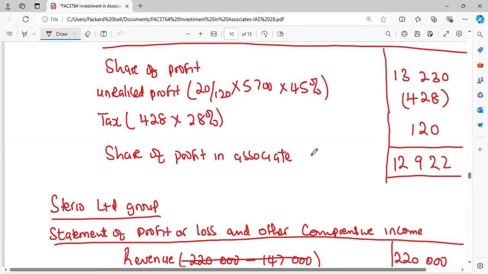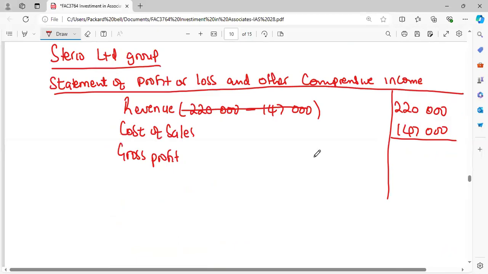So the cost of sale is 47,800, yeah? Minus 147, 72,200, that's our gross profit. Then we have other incomes.